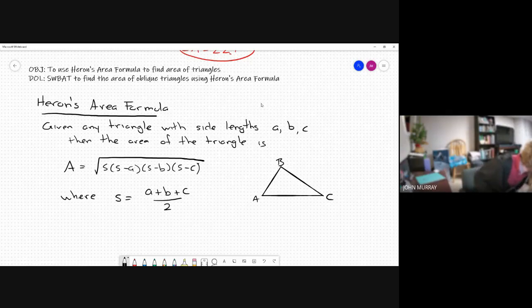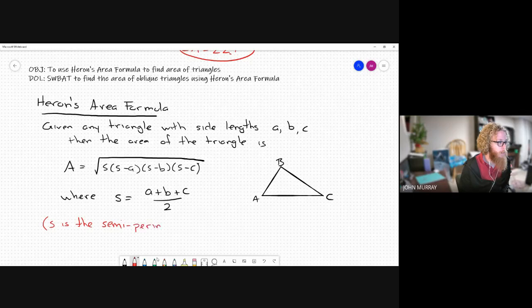They don't tell me here, though. I think they call it s, if I'm correct. s is called the semi-perimeter.